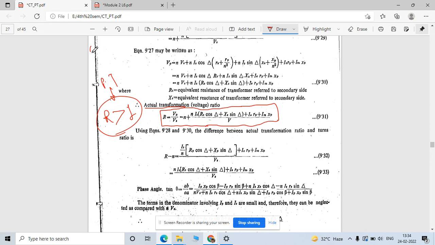If I consider CT, this R is nothing but primary upon secondary. So primary current is higher compared to the secondary current, so this is also greater than one.